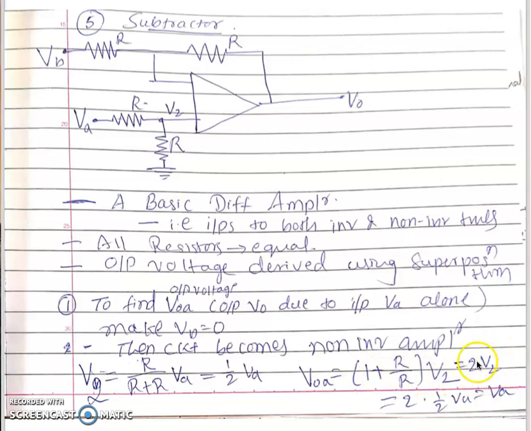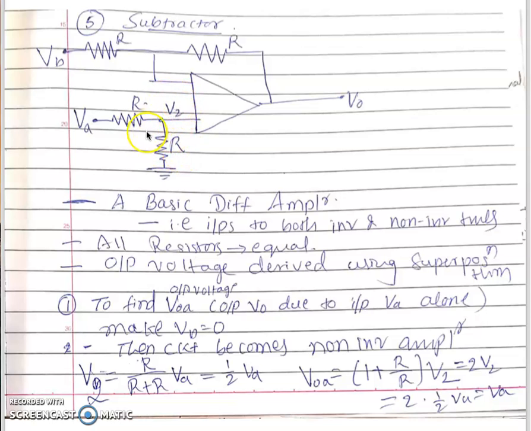So we have to find V2. V2 is extracted from VA. VA divided by these two resistances gives the current flowing over here, and this current is nothing but VA divided by R plus R. And this current into this resistance gives V2.